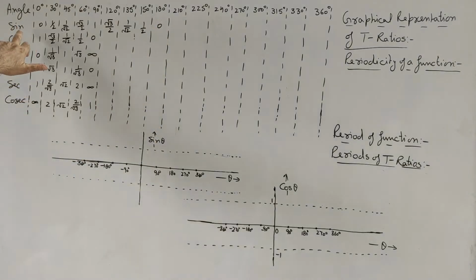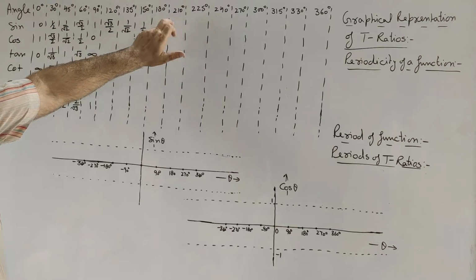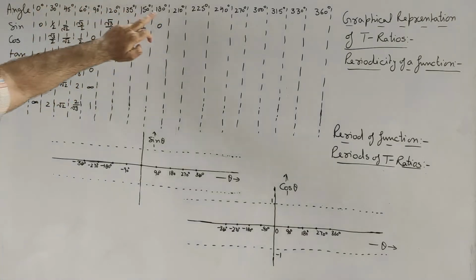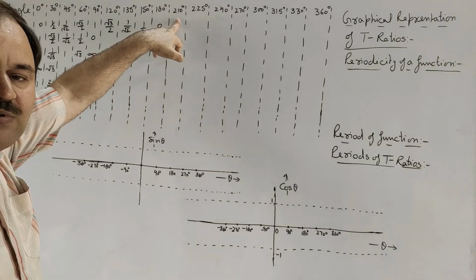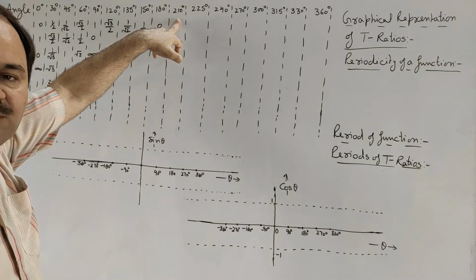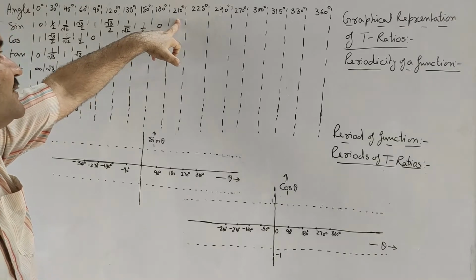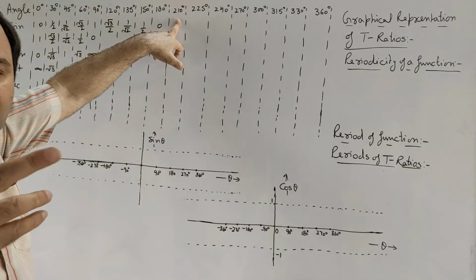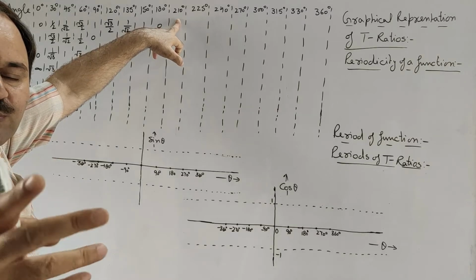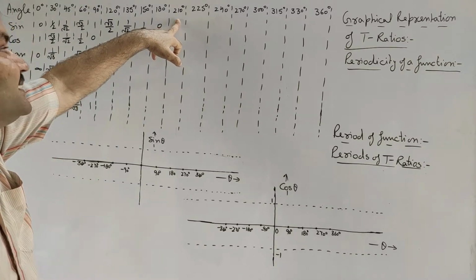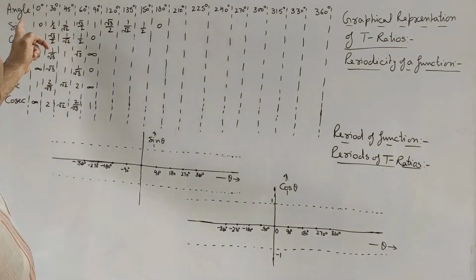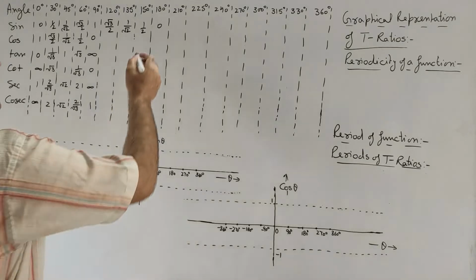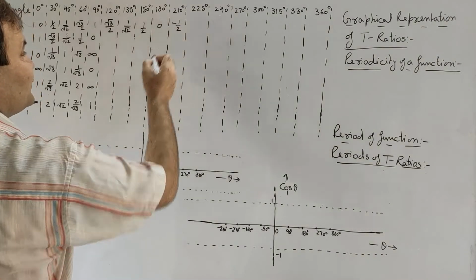Now sine 210, that is 180 plus 30, and 180 plus 30 will lie in third quadrant, and in third quadrant tan and cot will be positive, rest all will be negative. And it is the case of 180 degree, so there will be no interchange of sine into cos or cos into sine like that. So sine 210 will be sine 180 plus 30, and sine 180 plus 30 will be minus sine 30, and this means minus 1 by 2.